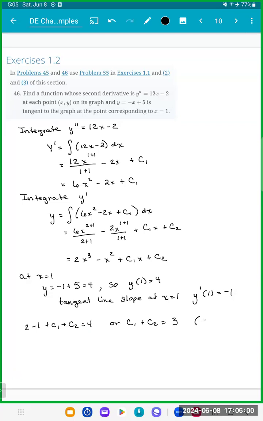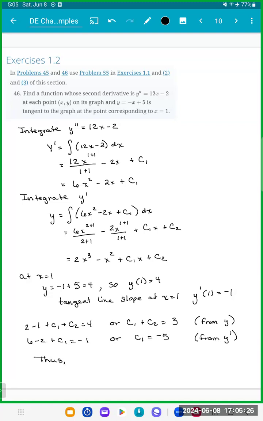And that is coming from our y equation. We also have that 6 minus 2 plus C1 equals -1, or we could simplify that to C1 equals -5, and that's coming from our y prime equation, okay?